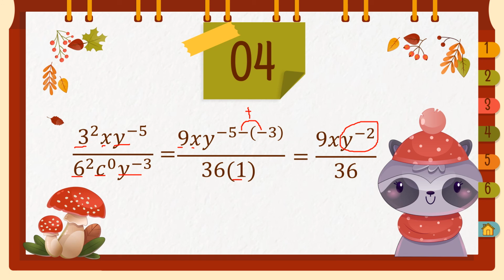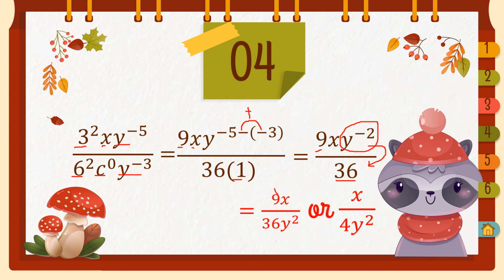Mapapansin ninyo, negative 2. Ito, 9 at saka 36, they are divisible to each other. So, 9 divided by 36, that is divisible by 9 ang 36. So, magiging ang final answer natin, 9x divided by 36y squared. Ito po ay binaba ko po papunta dito para maging positive ang kanyang exponent.